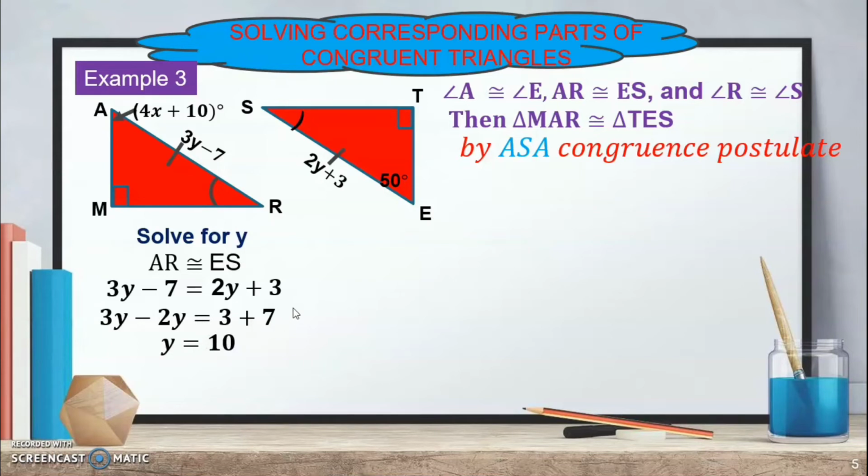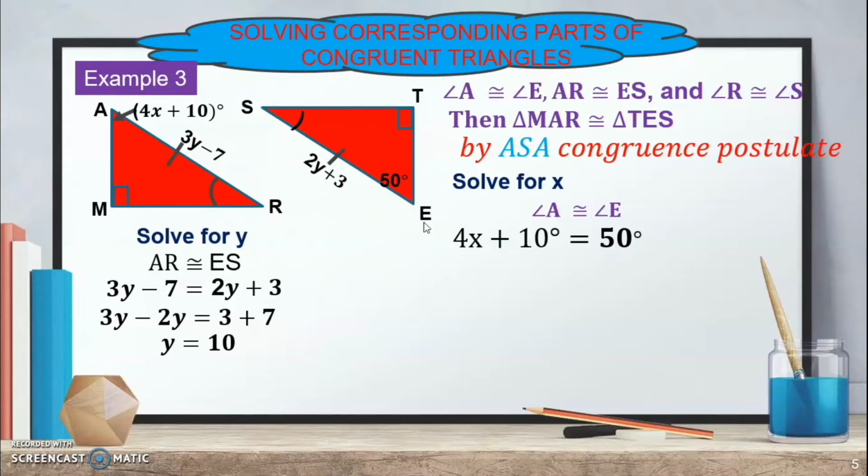So, we will solve for x. This x here, para malaman natin ang measurement of this angle. But we know that this angle, angle A, is congruent to angle E. So, we will make an equation for 4x plus 10 is equal to 50.